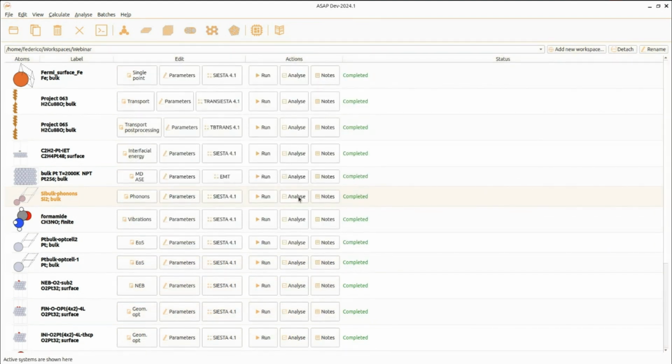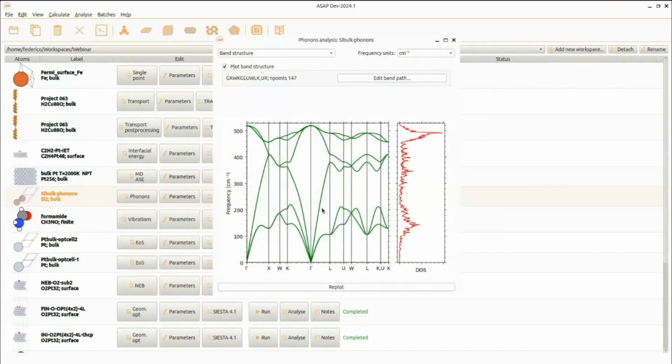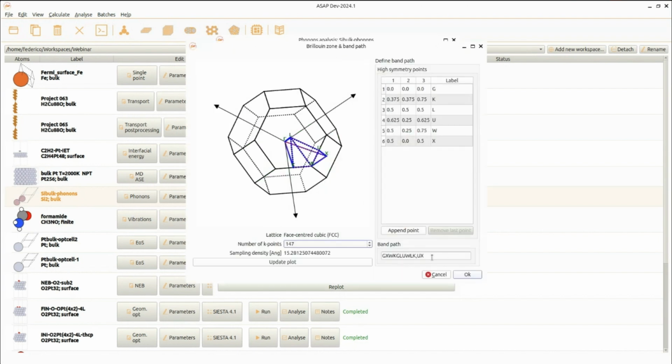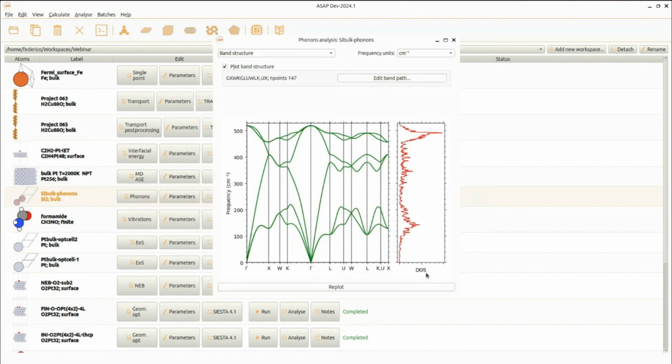And in the analysis, similarly, we see the band structure of phonons with the corresponding density of states. The path can be edited, and it's not necessary to do it in the pre-processing phase, but it can be done at this stage while you are analyzing the result.